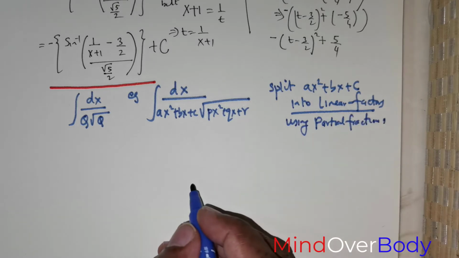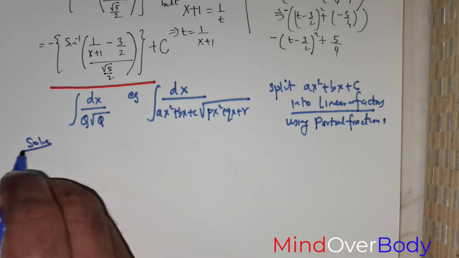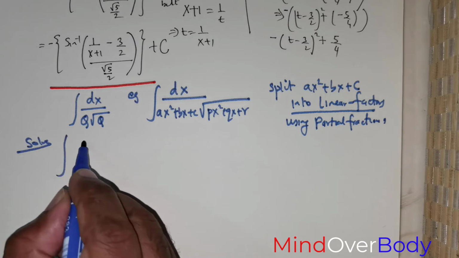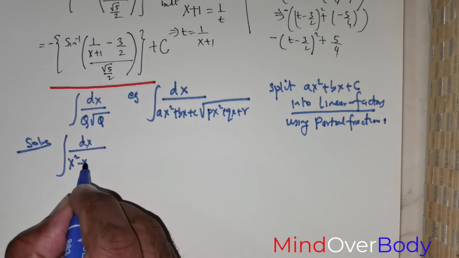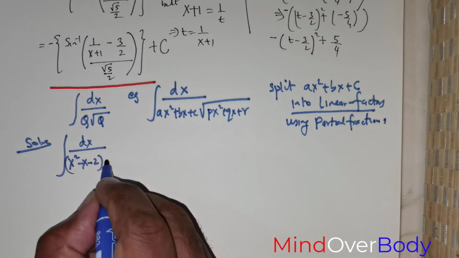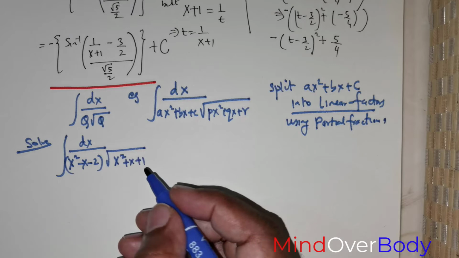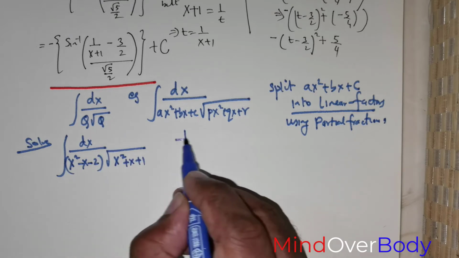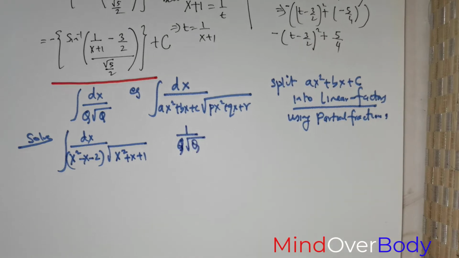So imagine you're given this question: solve integral dx over x squared negative x negative 2 times root of x squared positive x positive 1. So this is clearly of the form 1 over q times the root of q.